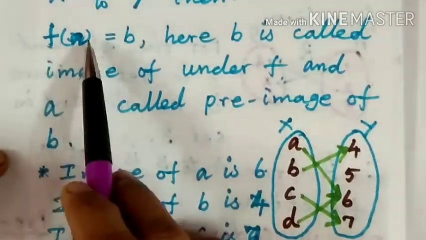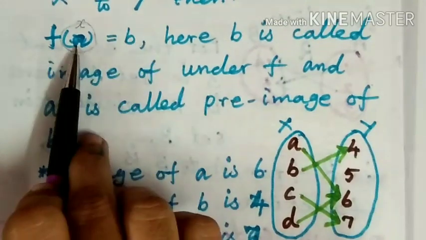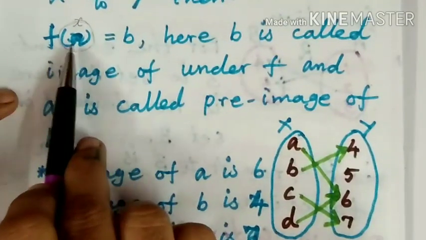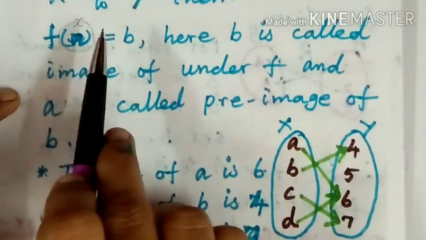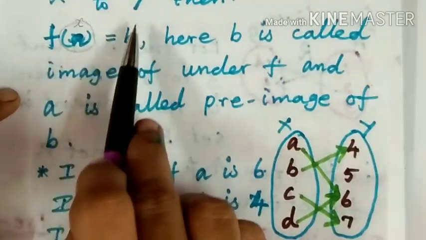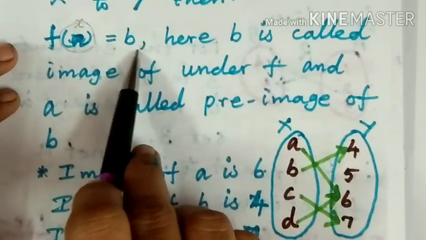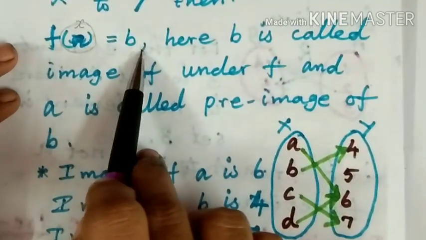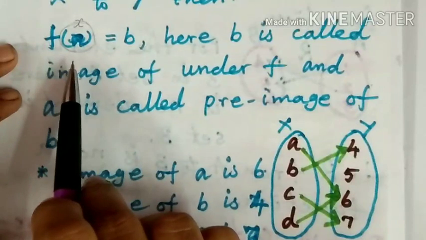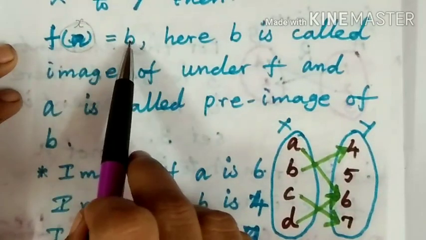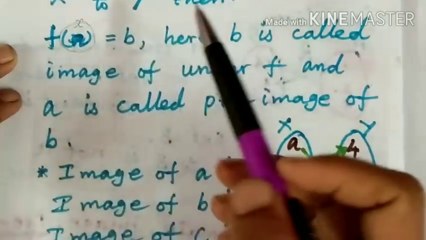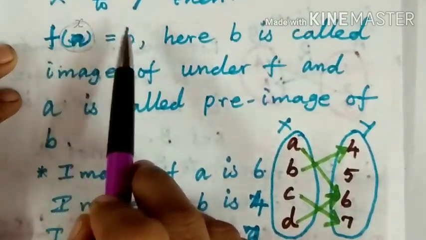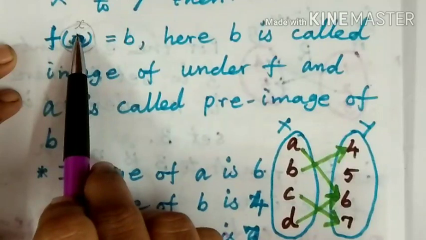See, f(a) equals b, that is in the relation ordered pair the first coordinate is a, then the next coordinate is b, which means b is the image of a and a is the pre-image of b.